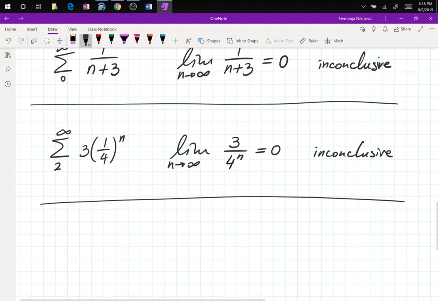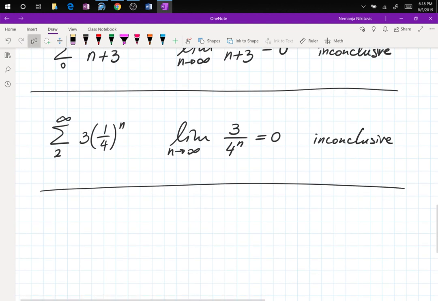But the divergence test is inconclusive because the limit was 0, and the convergence test has no clue what's happening here. Divergence test cannot show convergence. Let me spell that out.